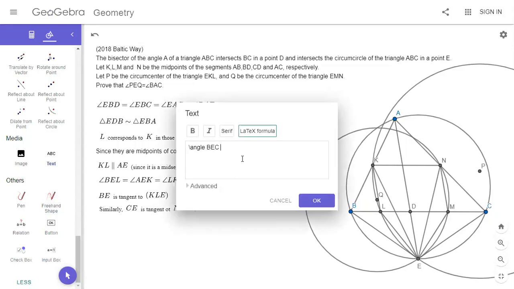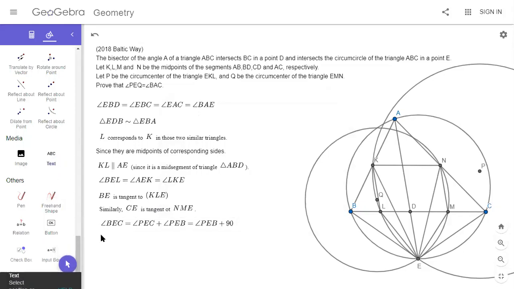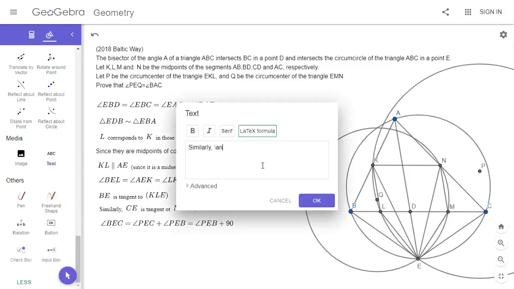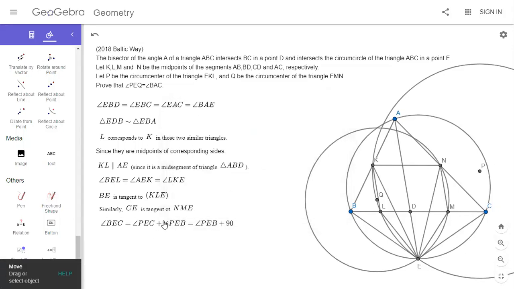We have angle BEC is equal to angle PEC plus angle PEB, which is equal to angle PEC plus 90.